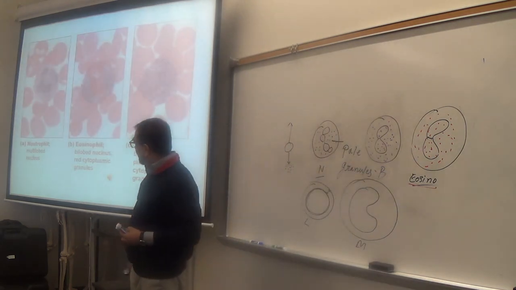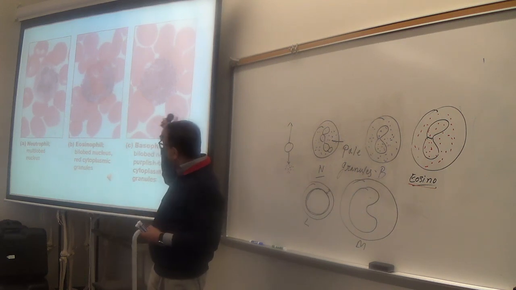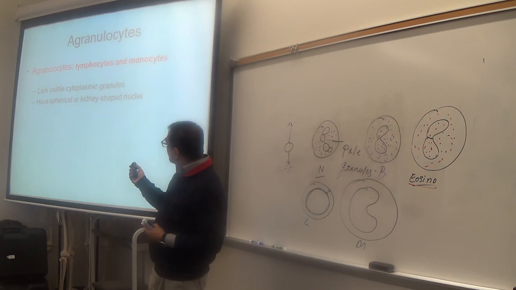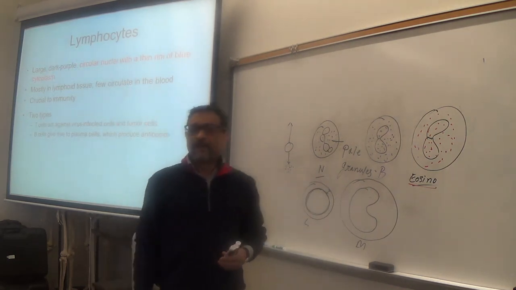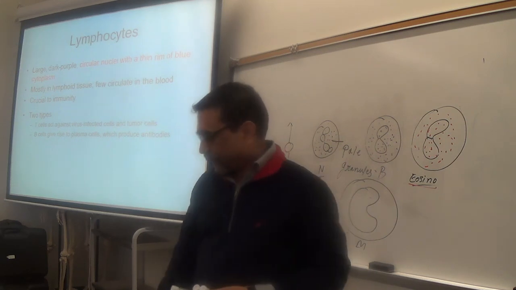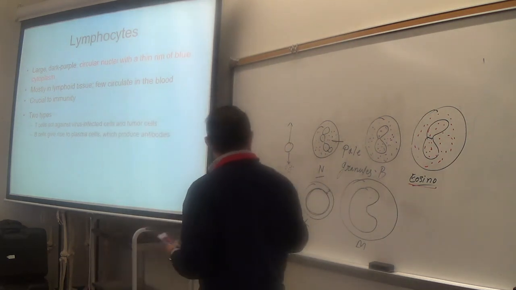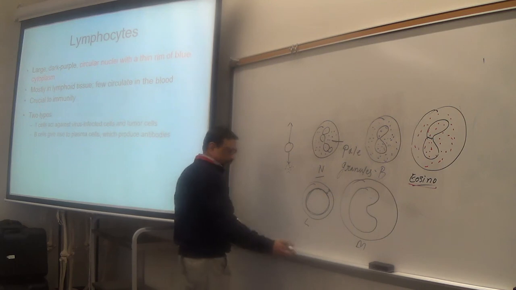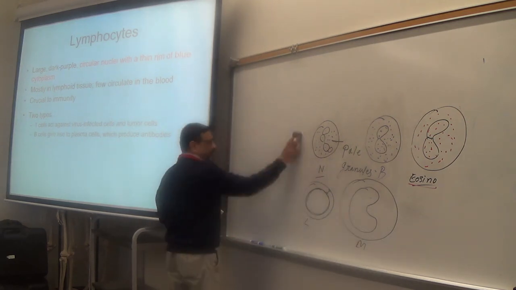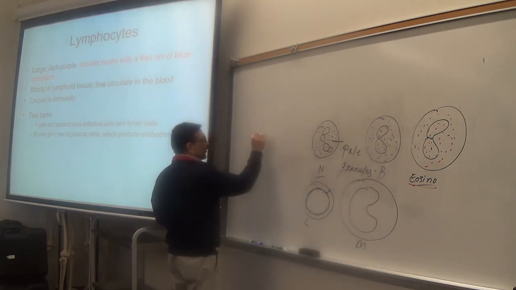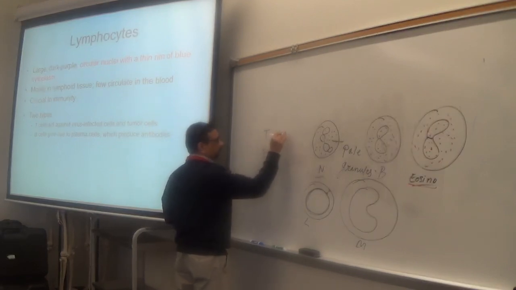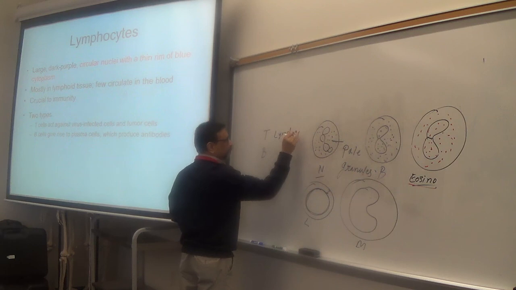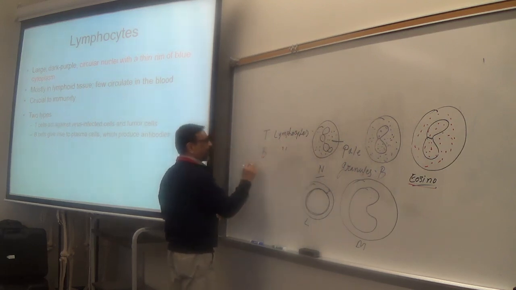Here you see the granulocytes. Lymphocytes could be two types, T lymphocytes and B lymphocytes. Okay?